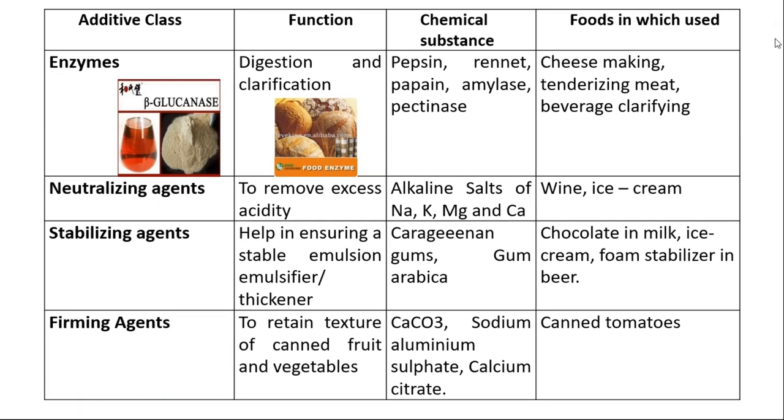Then enzymes are a group of food additives, and generally the enzymes are added either to break down a protein or to increase the extraction of a compound by breaking down the cell wall, etc. And for clarification, we have seen it used for the clarification of beer.